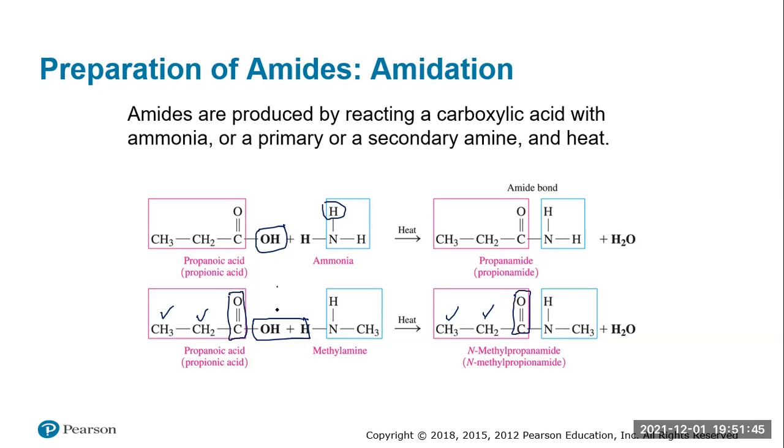And obviously we remove the water. So we're going to pick back up here. We have our nitrogen and our hydrogen and our CH3, and then obviously our water that comes off. So basically the removal of water, you push them together, your carboxylic acid and your amine, and you will generate your amide through this reaction.